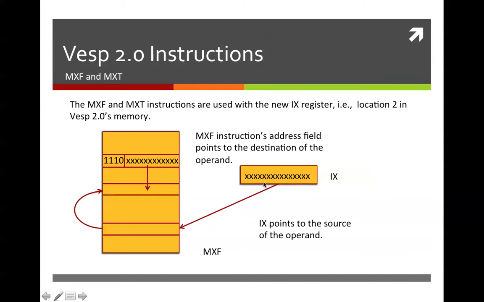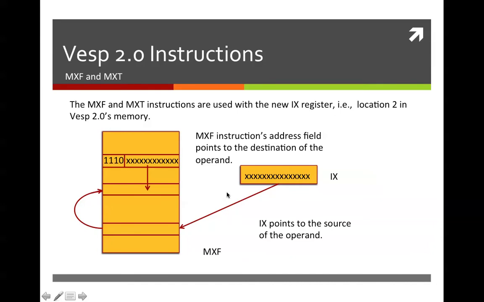We actually hold that particular 16-bit information, in this case, in our IX register. And the direction of the move is from where IX points towards where the instruction's address field points to. IX gets incremented after this operation.